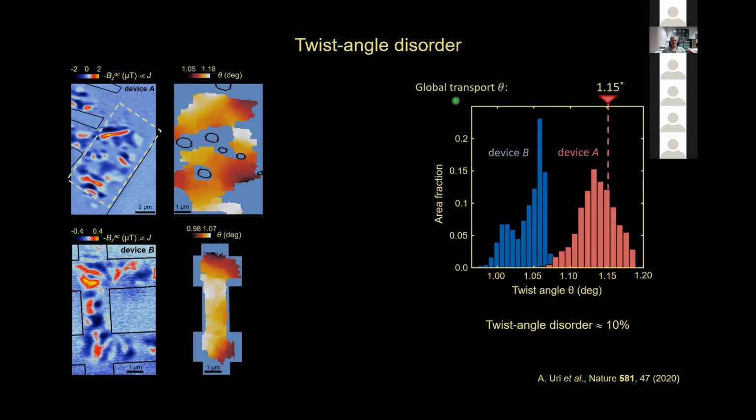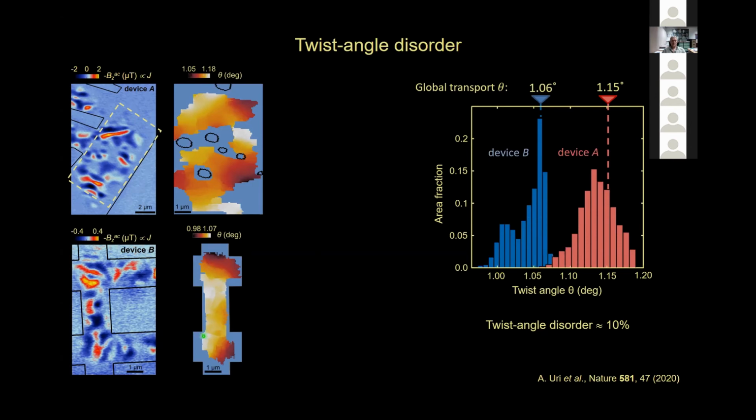And we can now compare to the average theta that one extracts from transport data. So this sample had a global twist angle of about 1.15, which corresponds well to the distribution that we see. This sample showed a global twist angle of 1.06, which corresponds to the upper part of the distribution.